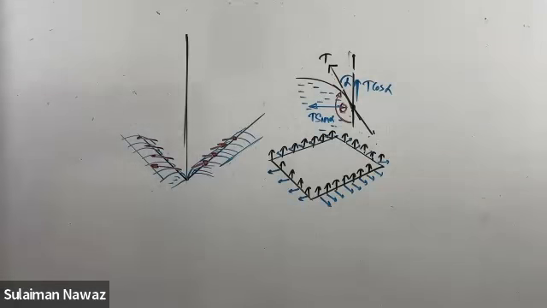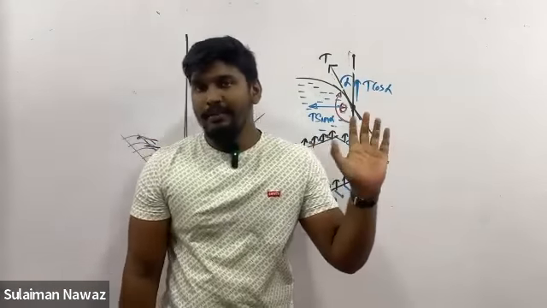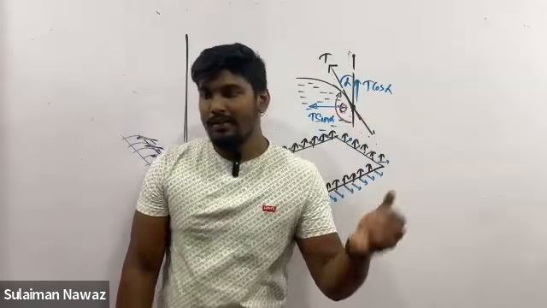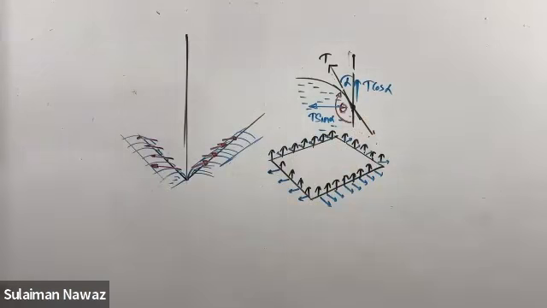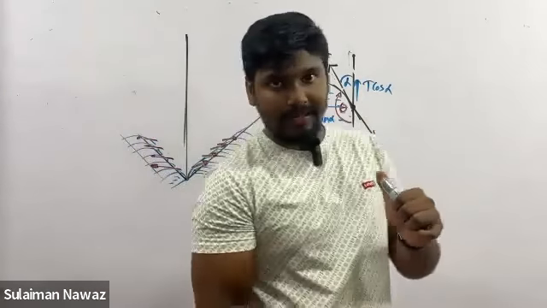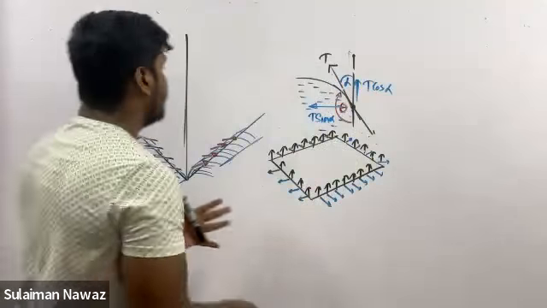Now, very carefully listen. Just think about an air bubble trapped inside a liquid, inside the water. If I draw that, now I'm talking about excess pressure, you will understand what is meant by excess pressure.